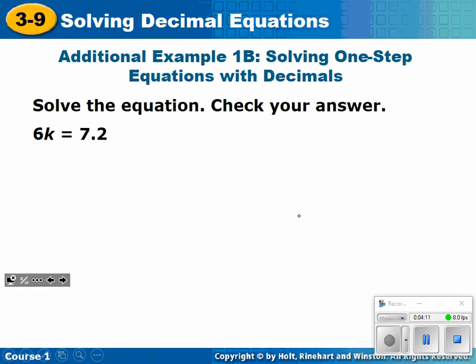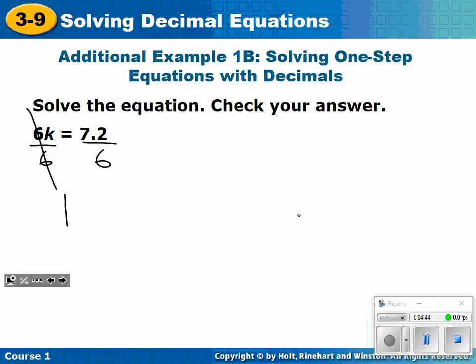What's happening to the letter here? It's being multiplied by 6. Remember, a number and a letter right next to each other means multiplication. So we have 6k. What's the exact opposite of multiplying by 6? Divide by 6. So we divide this side by 6 and we divide this side by 6.